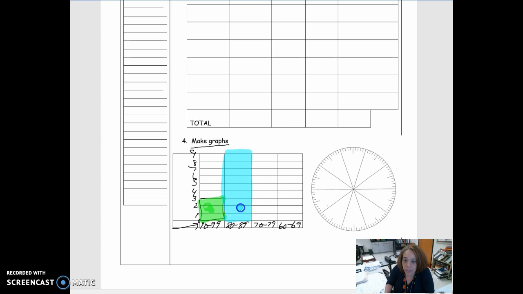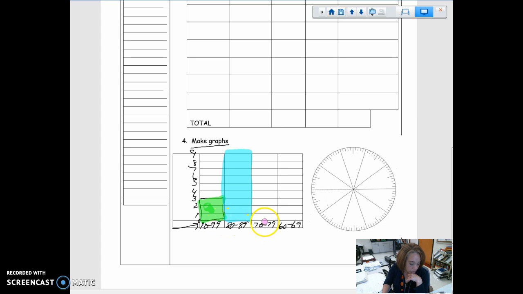Now, if you're using a pencil or a pen, you may want to make one dots and one vertical stripes, one horizontal stripes, so that you can differentiate each of the intervals. In a histogram, remember, each block of information is going to touch the previous block. So we're not just making bars that are independent of each other.